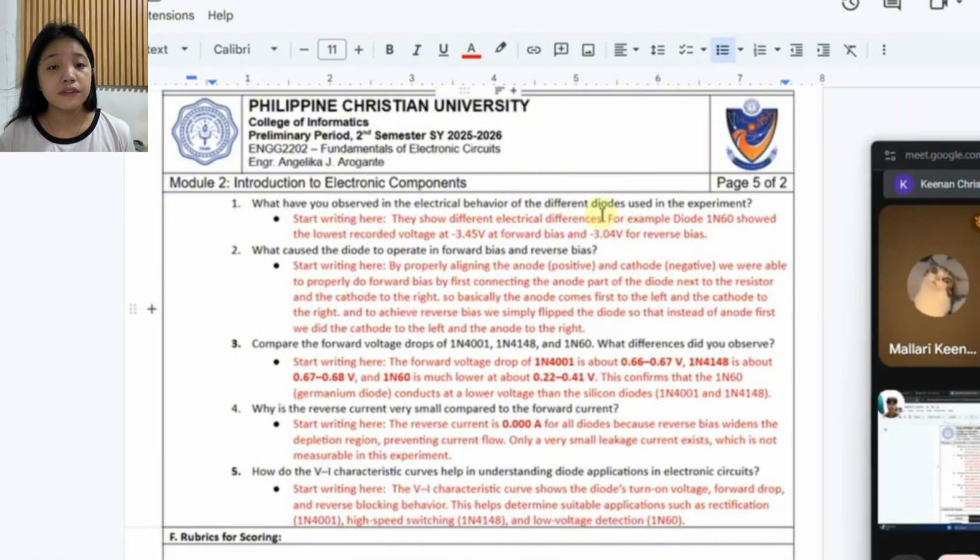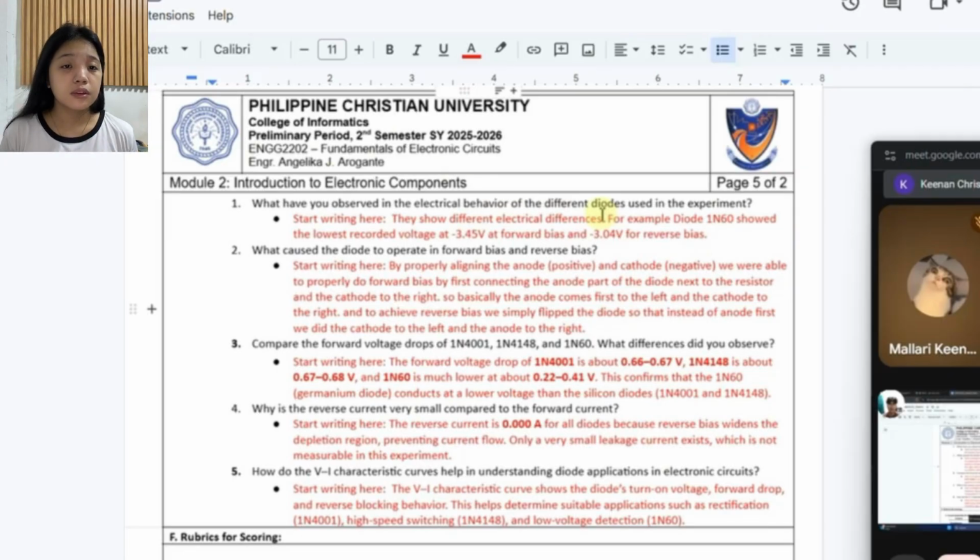The noticeable difference among the three diodes is that the 1N60 conducts at a much lower voltage compared to the other two. This is because the 1N4001 and 1N4148 are silicon diodes, which typically require around 0.7 volts to turn on.